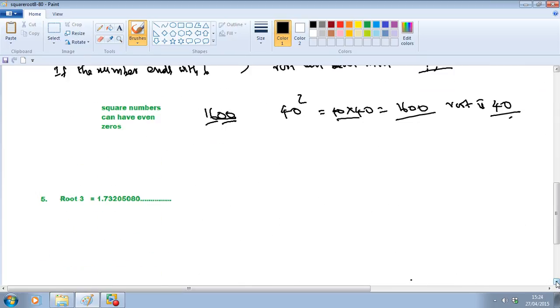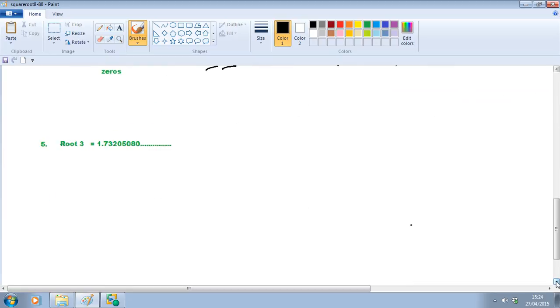So now we will try to find out what is root 3. I told you the ad hoc format, understanding the root is very important. So what is root 3 equal to? What are the ways we'll use to find the root?